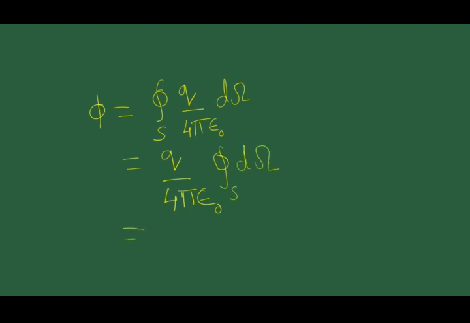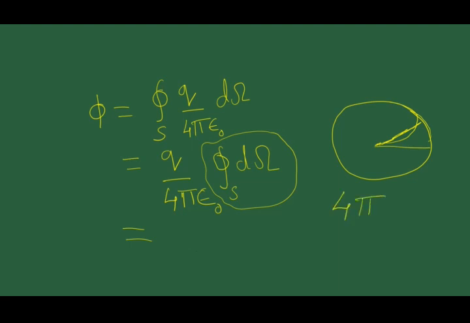Now carefully interpret this integral. This is nothing but the total solid angle subtended by the whole surface at that point O. That solid angle is nothing but 4 pi steradians.